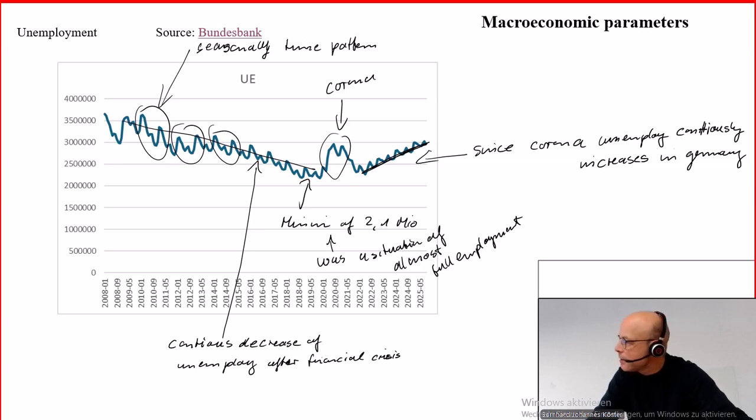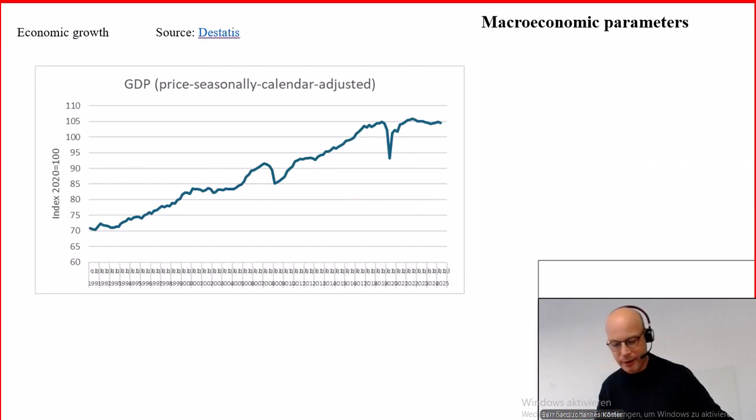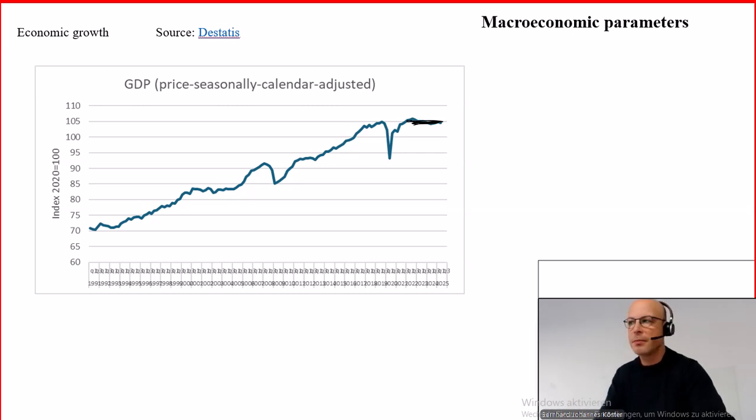And therefore, this increase is, in my opinion, quite dramatic for our economy because this now coincides with the very bad performance of economic growth. If you go here, then you see after Corona, the development of the real GDP is very flat.